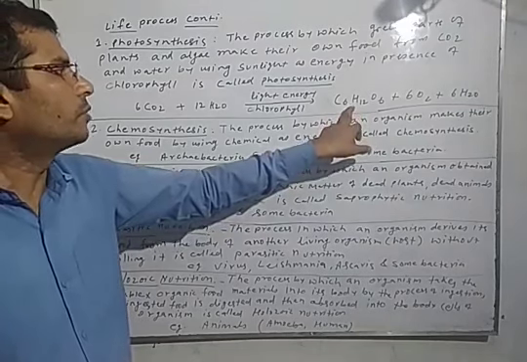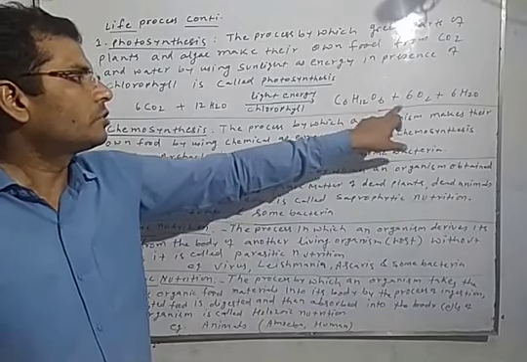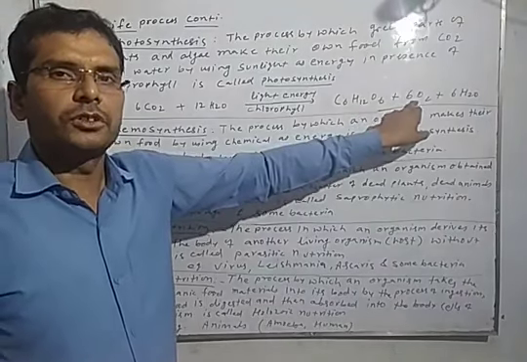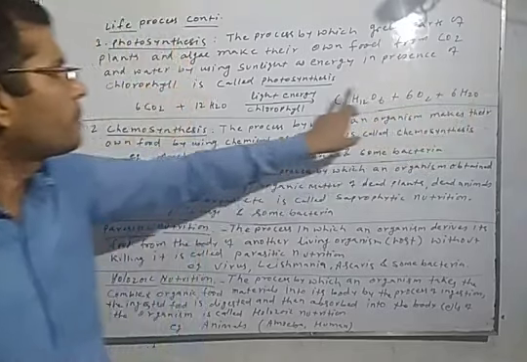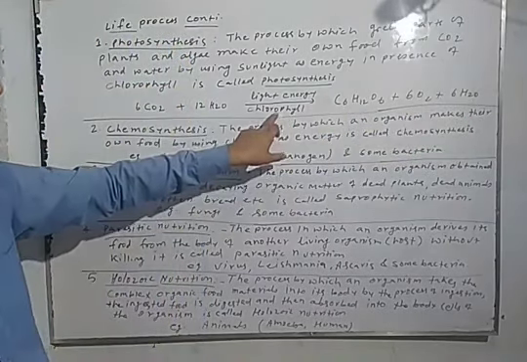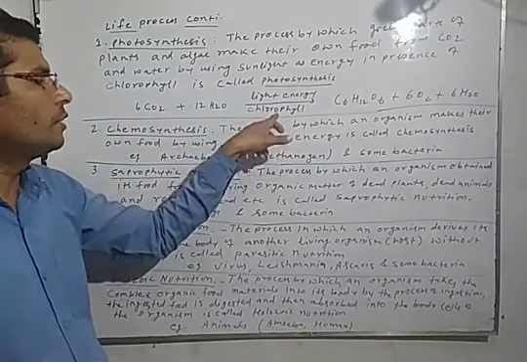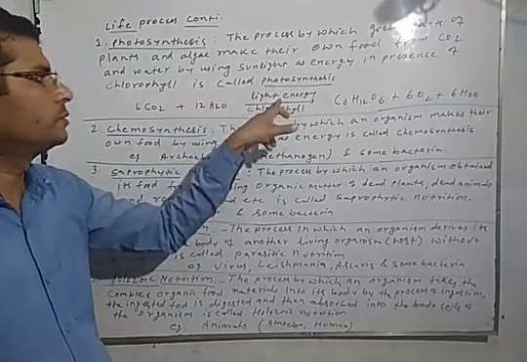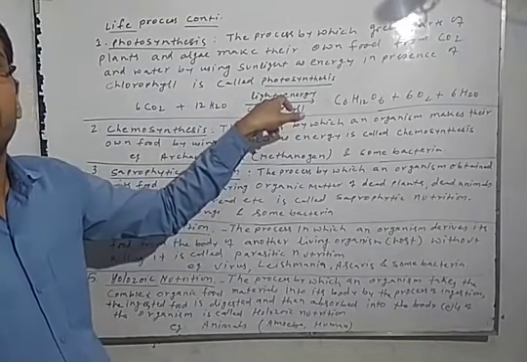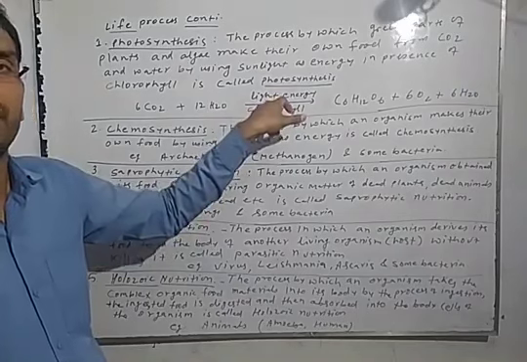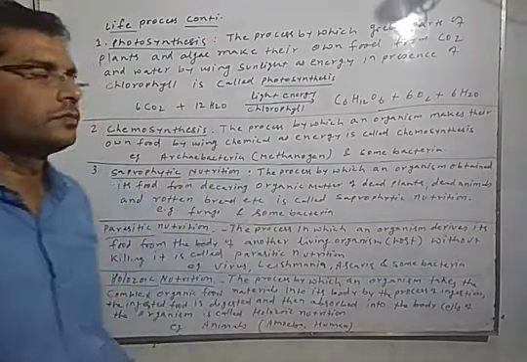The glucose formula is C6H12O6, and it also releases byproducts, oxygen and water. Here chlorophyll is a green pigment. Chlorophyll has the ability to trap light energy from any source of white light, such as sunlight or tube light.